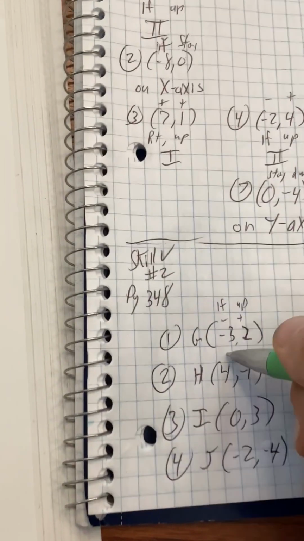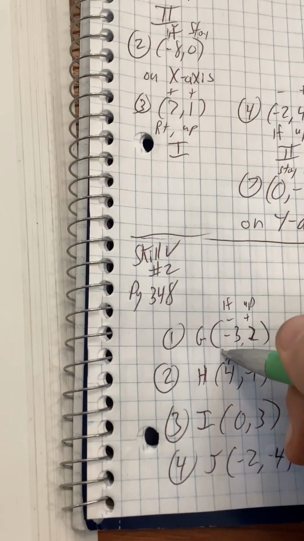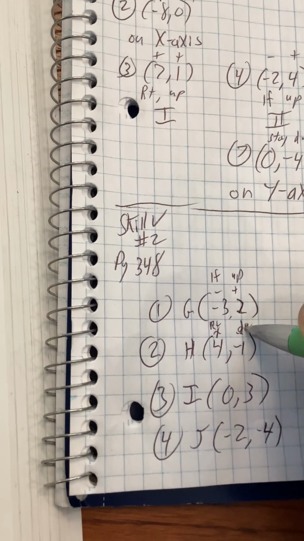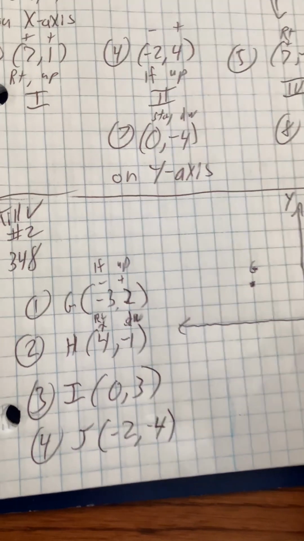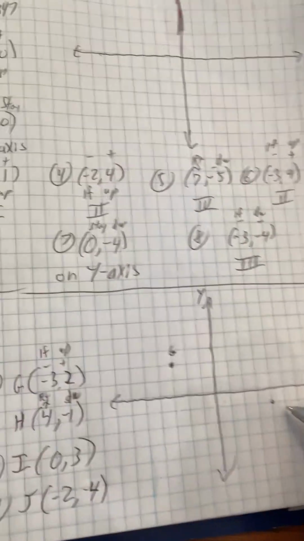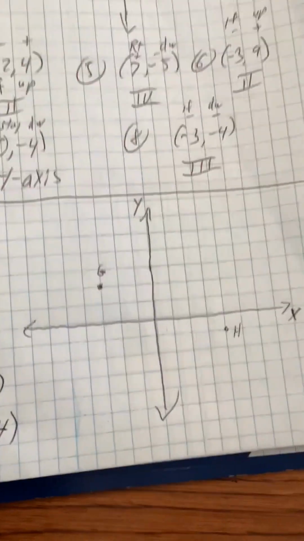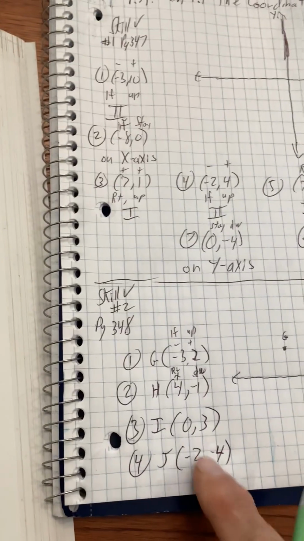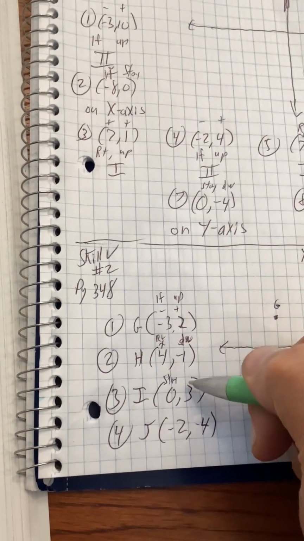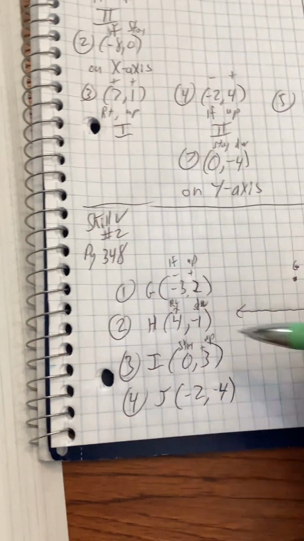So this is plus and minus, this is right and down. So I'm going right 4 and down 1, and that's H. And then this is going to be stay, and this is positive, so it's up.